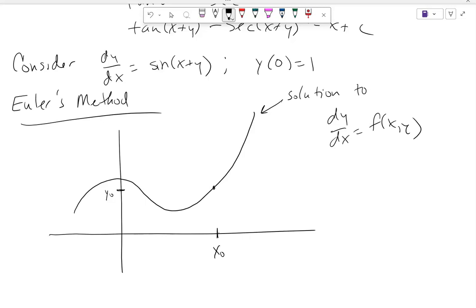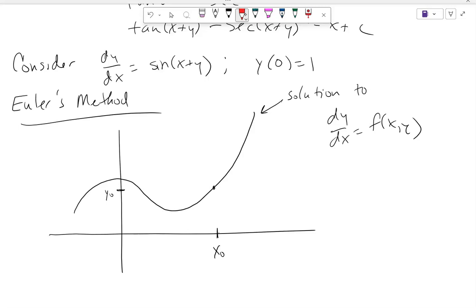Now, what calculus 1 concept do you know that allows you to get a fairly decent approximation to the curve as long as you're close to the initial point? What calculus concept do you do? So one of the first things you do in Calc 1. Say that again? Tangent line, exactly, right?